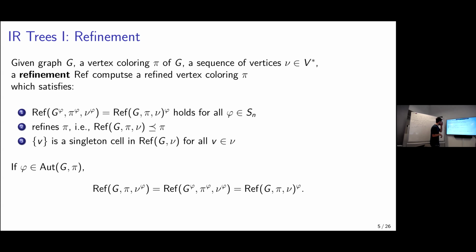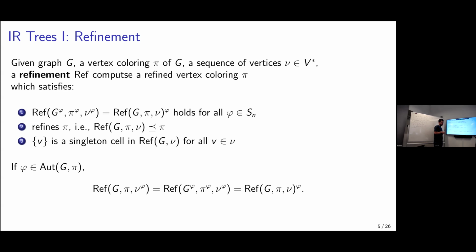Why does this hold? It has to hold because of property one, because this ref thing commutes nicely with the automorphism. No matter how you name these vertices, if they're named 1 and 2 and you flip them, it must give you the flipped result.